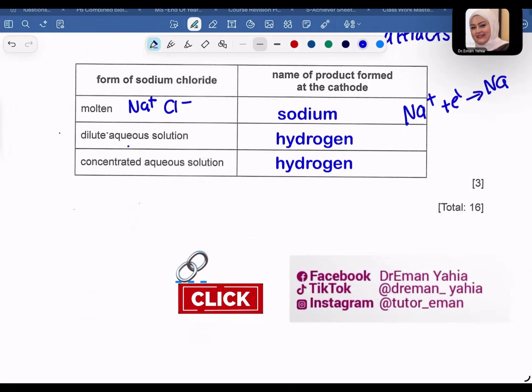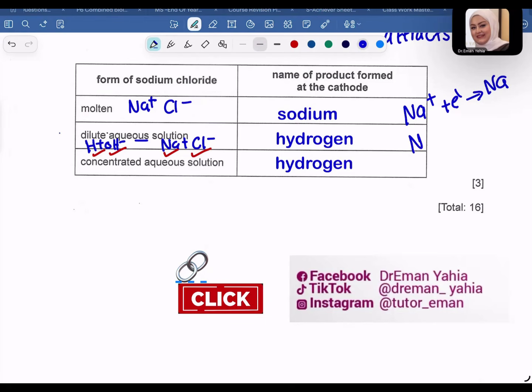And for dilute aqueous solution, aqueous means you have H plus and OH negative, and now you also have Na plus and Cl negative. So the total ions here are H plus, OH negative, Na plus, and Cl negative. Now, which cations are attracted to the cathode?